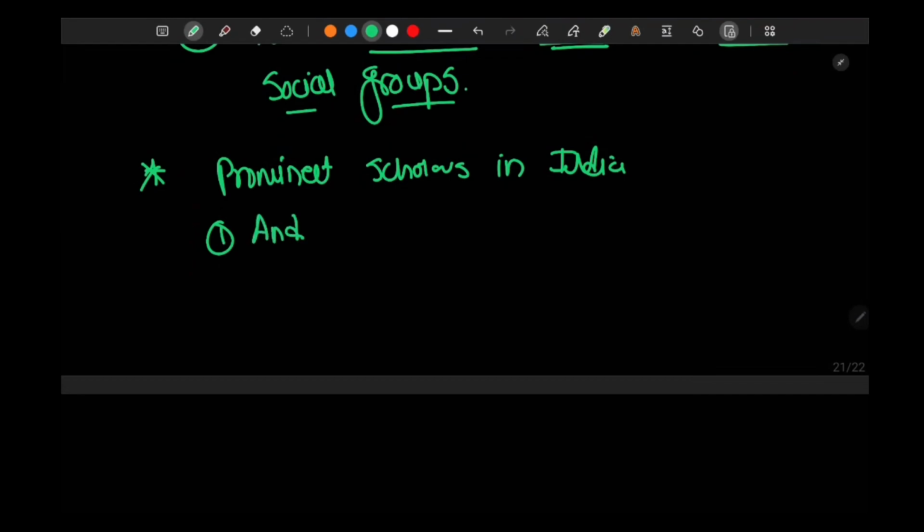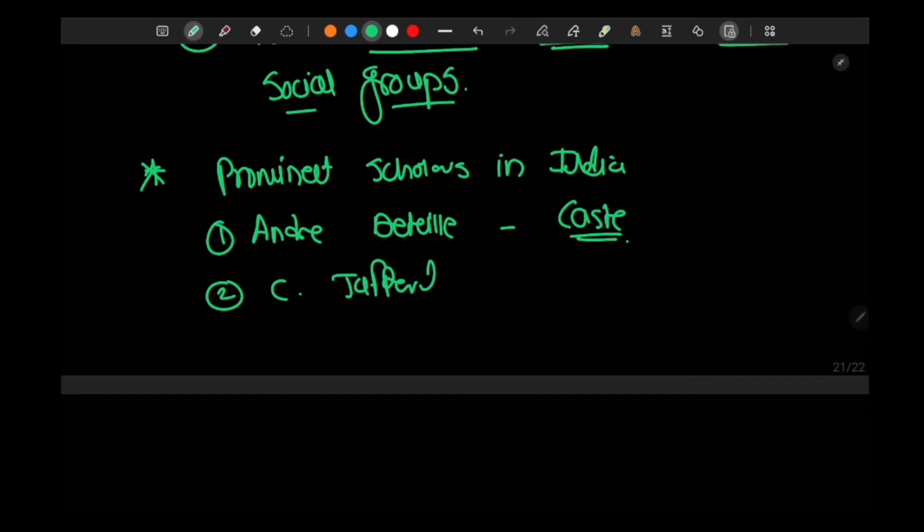There is Andre Beteille, whose analysis on caste is very insightful. There is Christophe Jaffrelot. He has analyzed the rise of the BJP, he has analyzed the RSS, and the Indian party system to some extent. He has also analyzed Ambedkar and his view on caste.